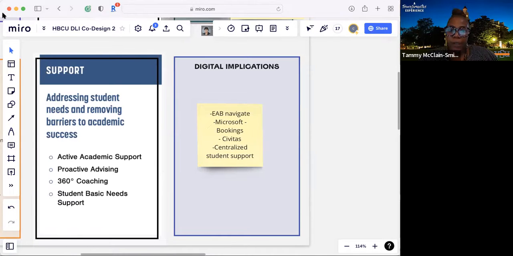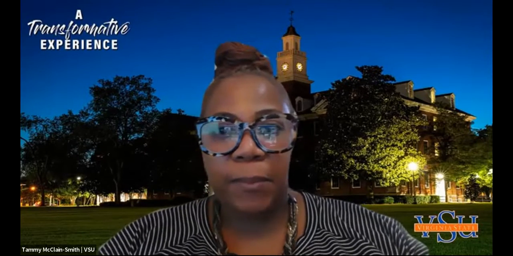Additionally, Microsoft Bookings was a tool used to have students make appointments. That was implemented during COVID-19 at one of the universities, and it has gotten the students in the habit of booking appointments, as opposed to just dropping in for different sessions or meetings to ask questions or obtain support from faculty members and offices.